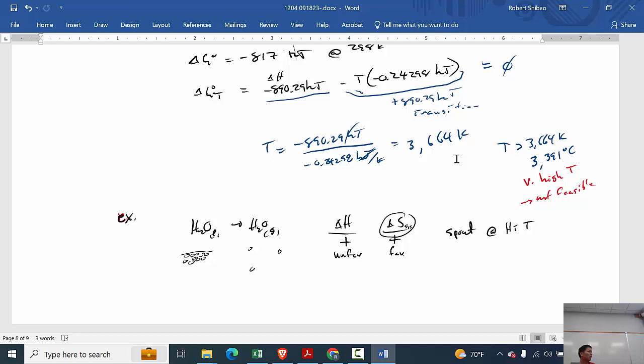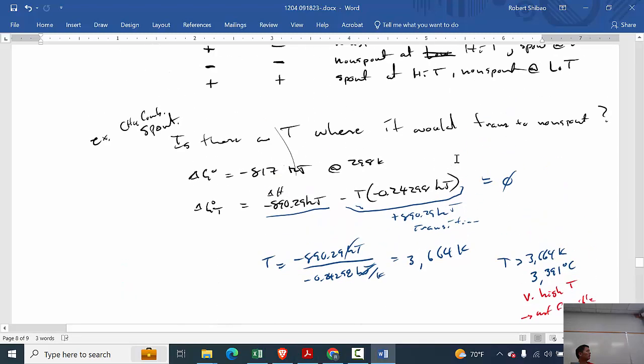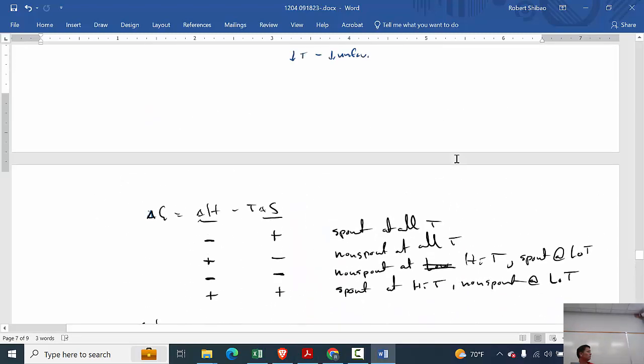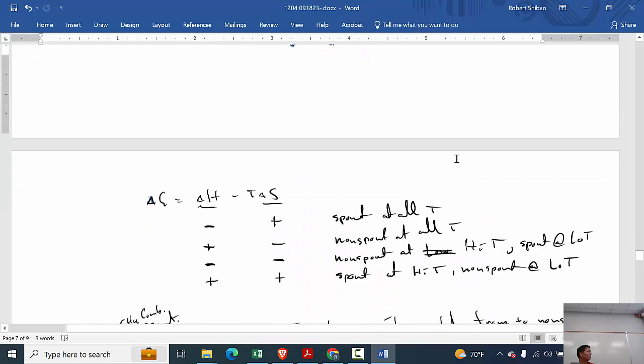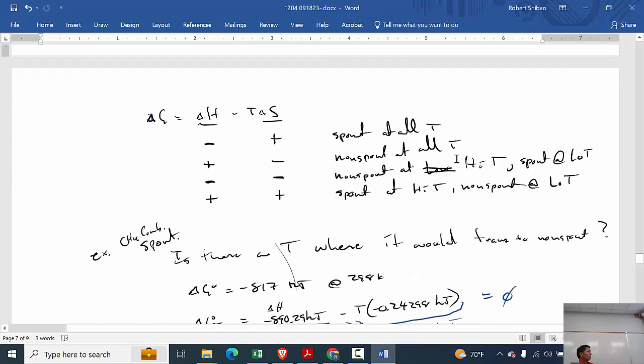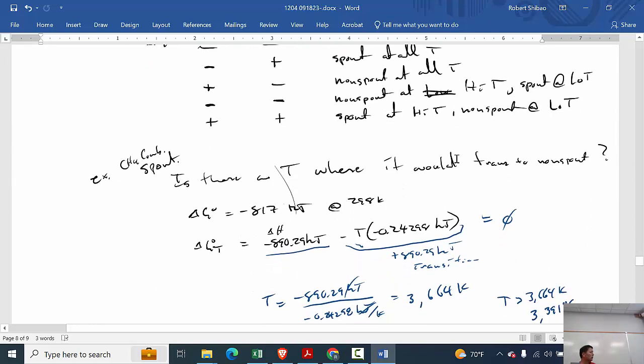Okay, the delta H term, if you want to talk in terms of entropy, then this one is unfavorable. Let's go back to this one. This one's unfavorable because the entropy is actually decreasing of the system. But this is more than compensated for by the increase in entropy of the surroundings, because this is going to be a huge heat dump into the surroundings.